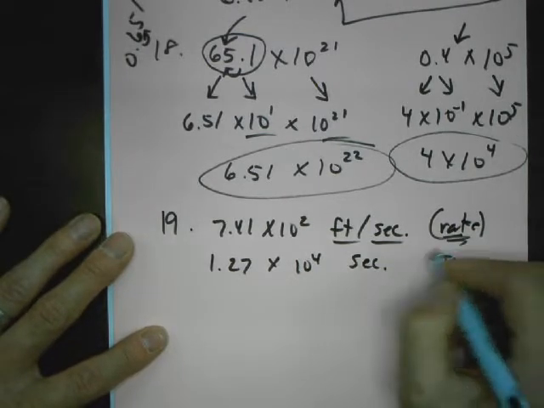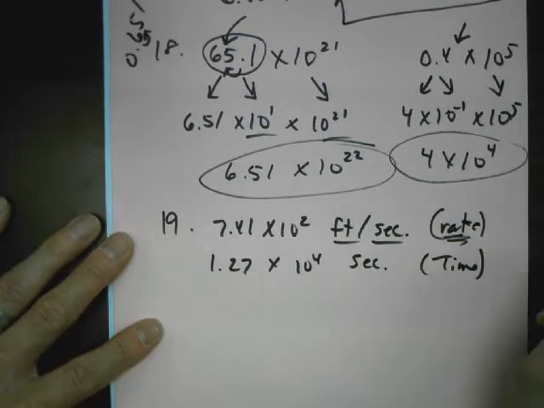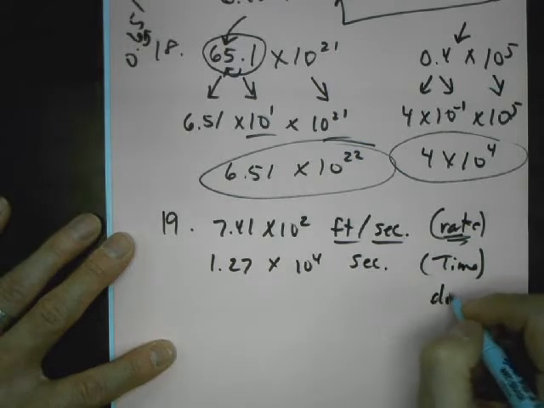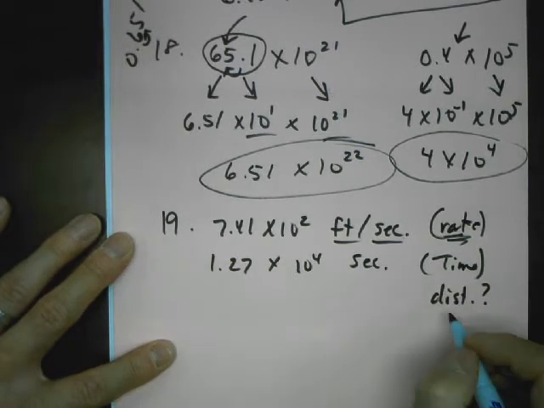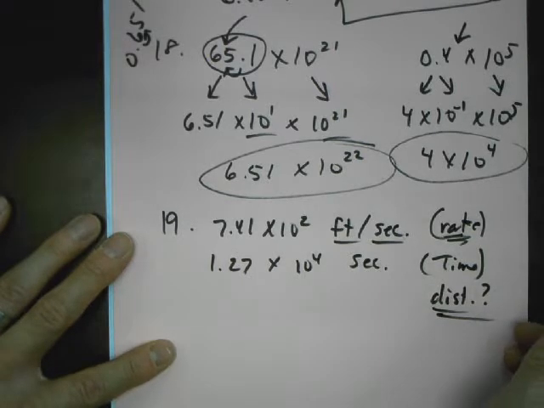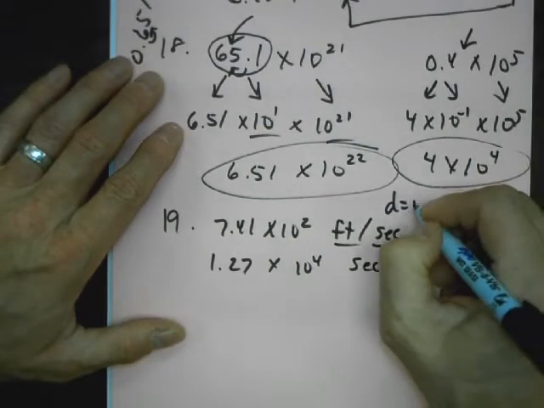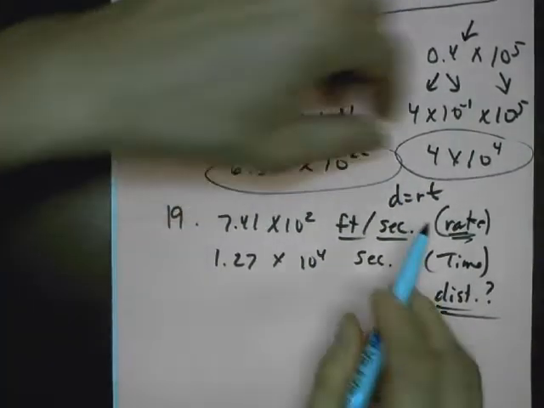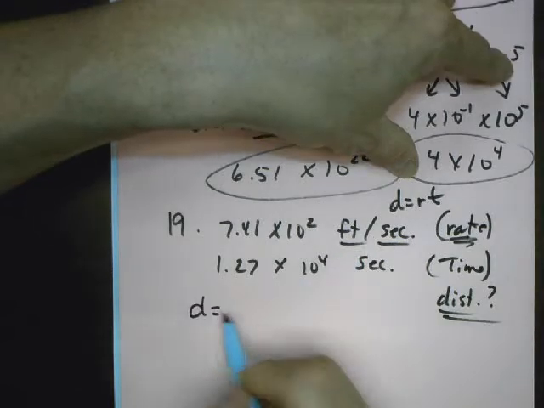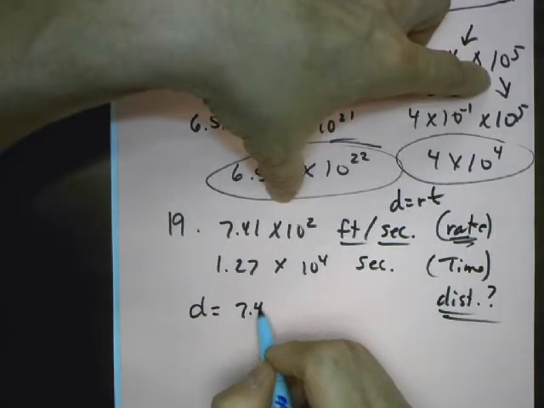That's a time. So they give us rate, they give us time. They say about how far. We need to know distance. That's what we're figuring out. About how far? Write your answer in scientific notation. So we know that distance equals rate times time. So this time we don't have distance, we have rate.